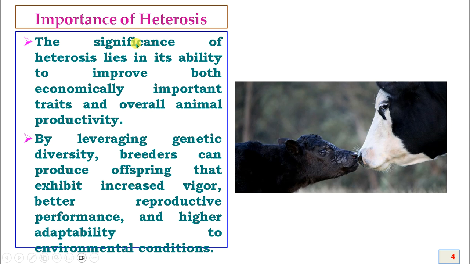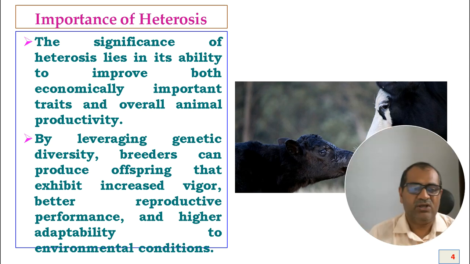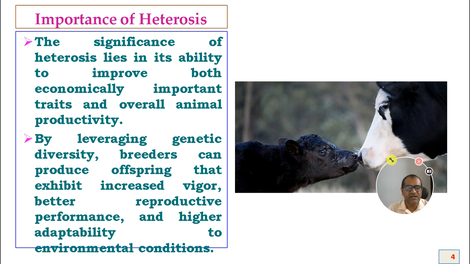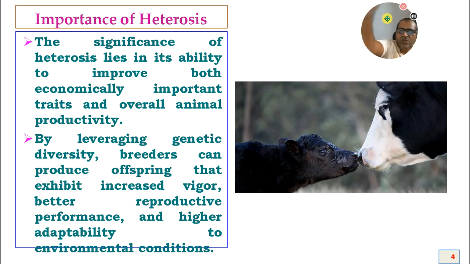So the importance of heterosis is like this. The significance of heterosis lies in its ability to improve economically important traits, and also the ability of the offspring to produce the required things. So overall animal productivity will be increased, and also the reproductivity.